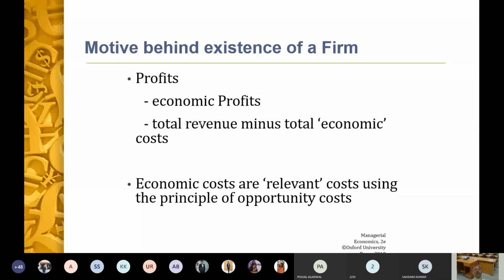Now some questions arise. What about the NGOs? What about the not-for-profit companies? Well, if you study those companies closely, they are not for profit in one sense, but their objective is still to have profit, though profit may not be the only objective.